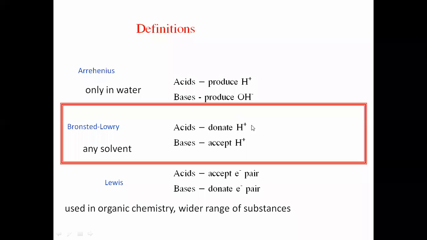An acid is a compound which will donate H+ ion. During a reaction, during equilibrium, any compound that donates H+ ion is known as an acid, and any compound that accepts that H+ ion donated by the acid is known as a base.